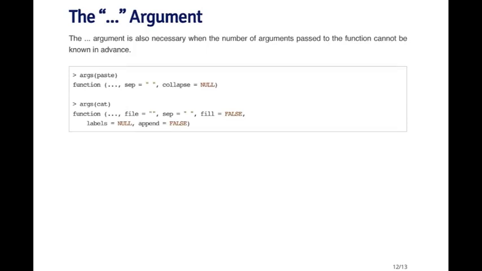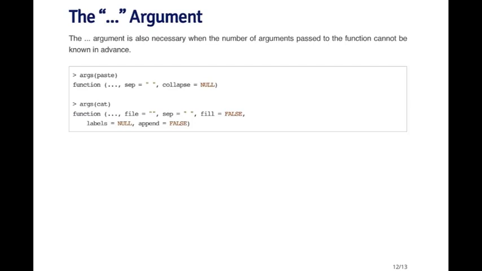So lastly, the dot dot dot argument is necessary when the number of arguments that are passed to a function cannot be known in advance. One good example of this usage is the paste function. The paste function concatenates a set of strings together to create one string or a vector of strings, and it can take a variable number of arguments.